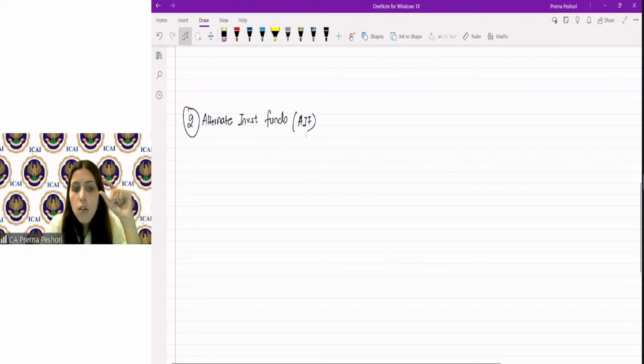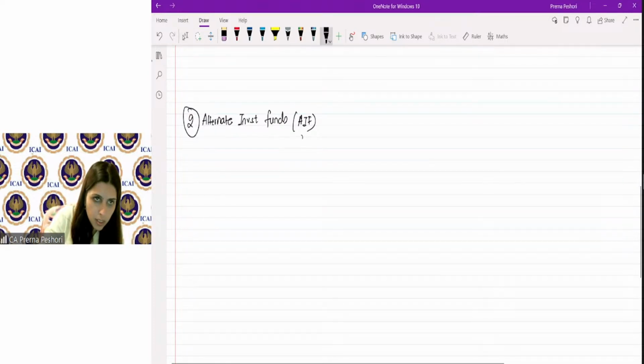Now, in terms of the AIFs, how does the taxability work? Let's understand that. We will bifurcate the income into two sets. You can write down: if they have PGBP income, and if they have other income other than PGBP.